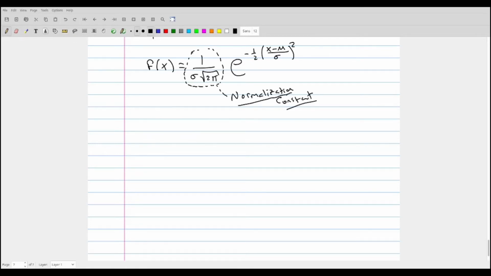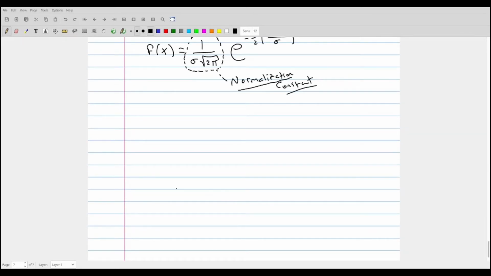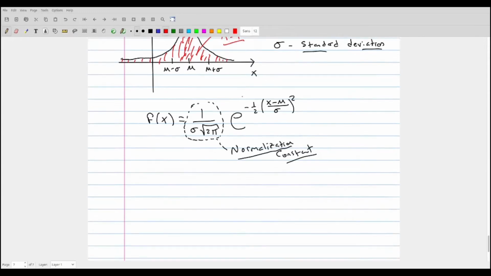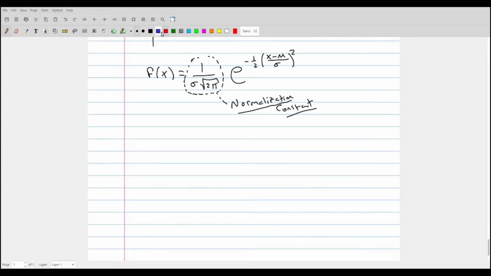Essentially what this does is it guarantees that the area under this curve, or the area under the probability density function, so this area right here, is equal to 1, which is extremely important in probability and statistics.